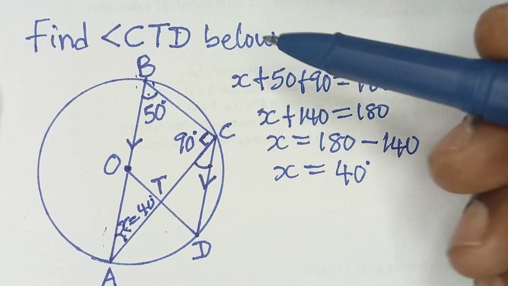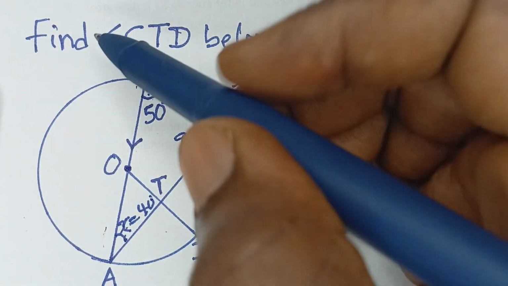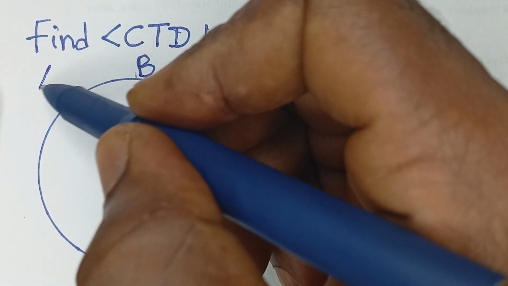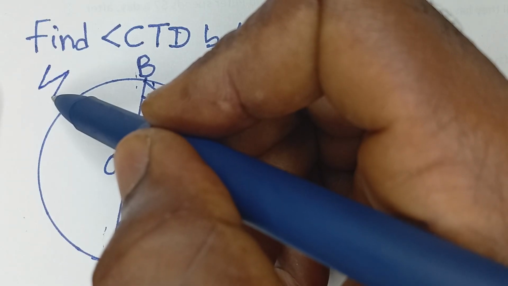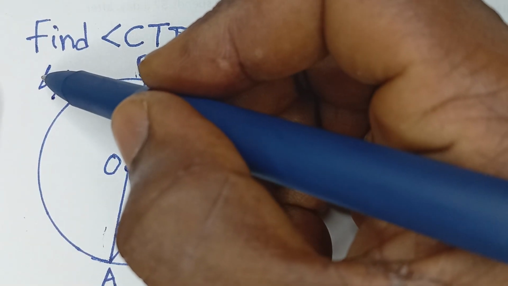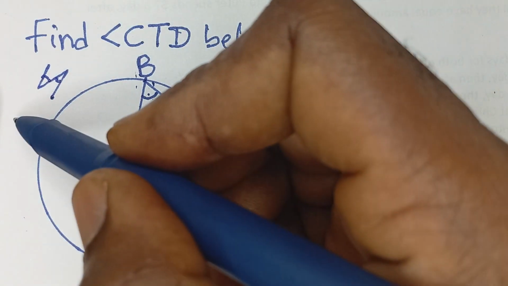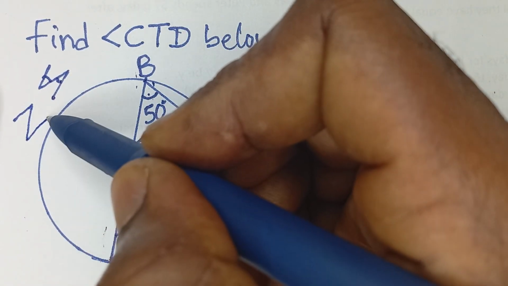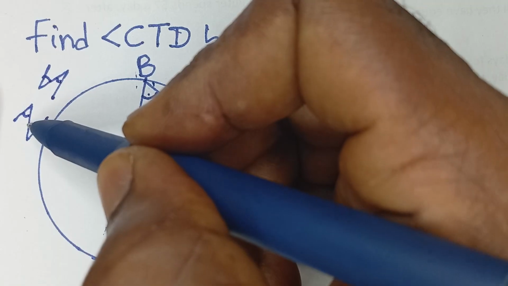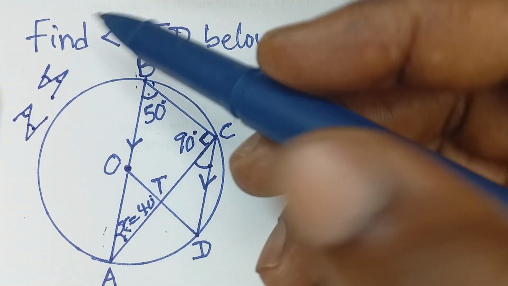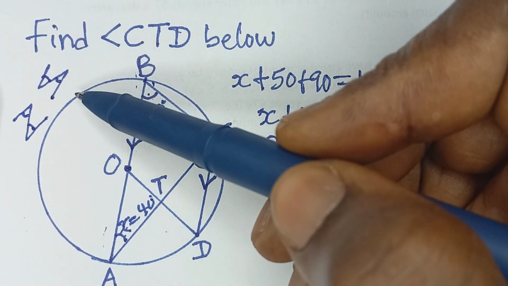I like using the letter Z for it. Now, when you have a shape like this, which is like Z that has been flipped, these angles here are alternate angles. You need to understand that.